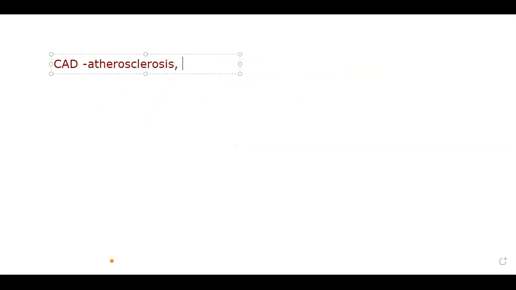Here, there is a deposition of atheroma. The atheroma contains calcium salts. A clot, called thrombin, is deposited in the inner walls of the blood vessel. Deposition of calcium, fat, cholesterol, etc.